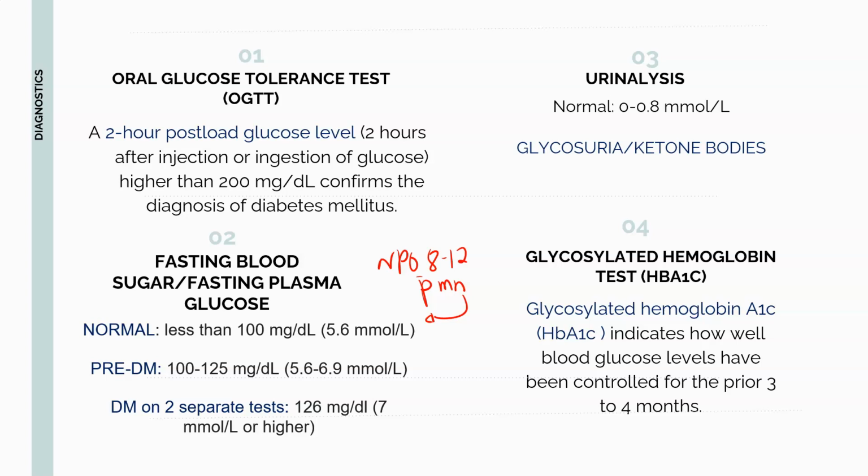Diba? 120 days. So, it's also in that manner that the laboratory can confirm information that the patient who has your DM is able to control, okay? Control the level of your sugar for the 3 to 4 months span.